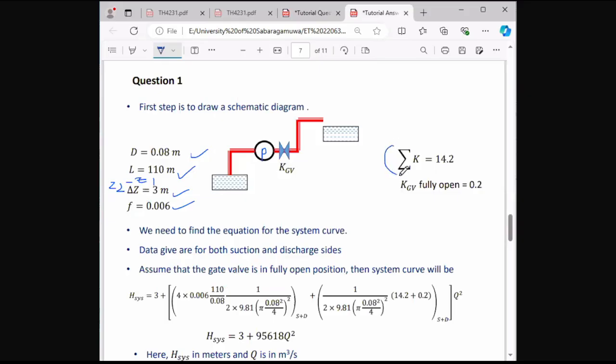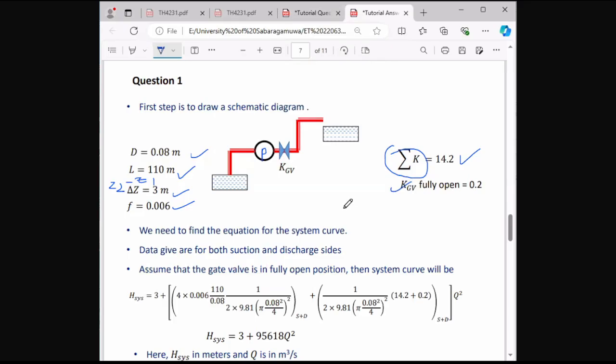Okay, sum of k values is given. Then the k value is given for the fully open gate valve.